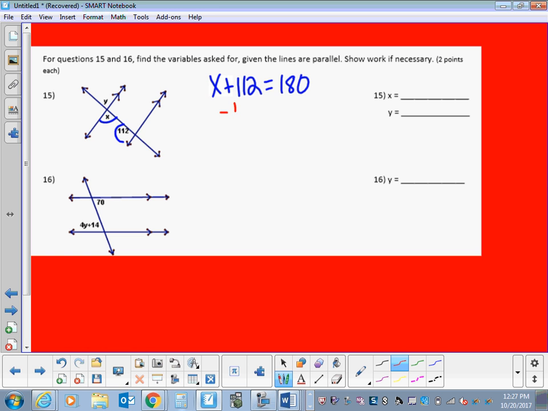If I subtract 112 from each side, what do I get? 68. So x equals 68. So if x is 68, what's y? 68. How do we know y is 68? They're vertical angles. They are equal.